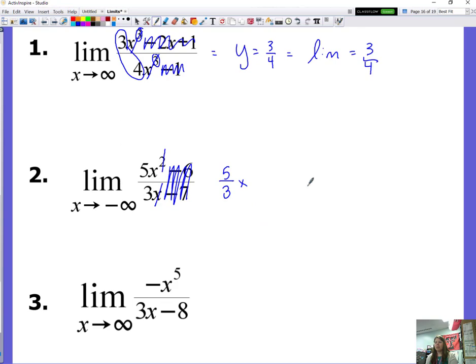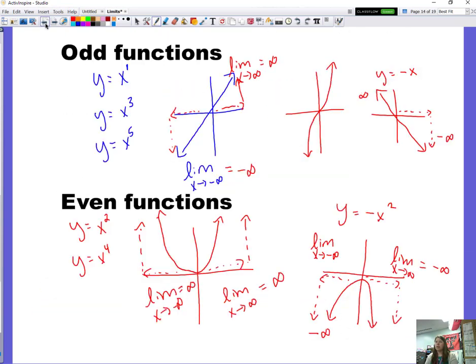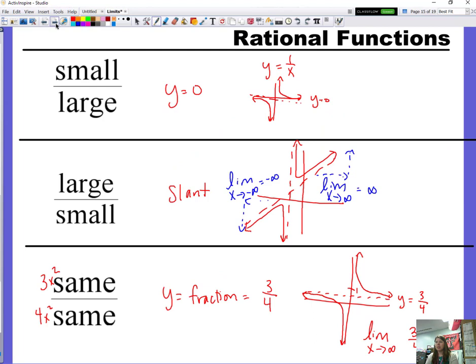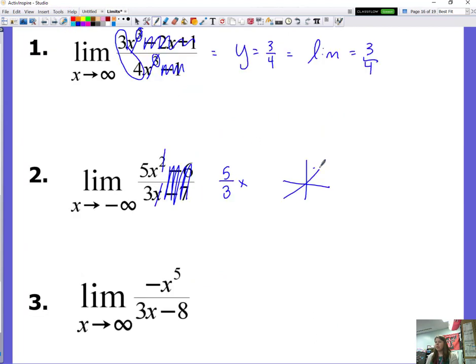Well, if I have 5/3 x, that's an odd function, just a linear equation. It's going to start low and end high because it's positive. So this is what this graph would look like. As I go to negative infinity, this graph is also going to go to negative infinity.